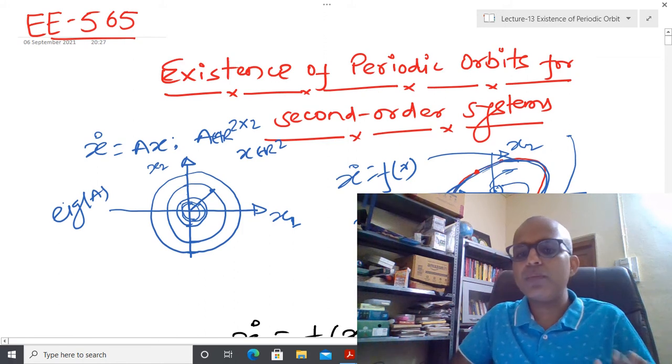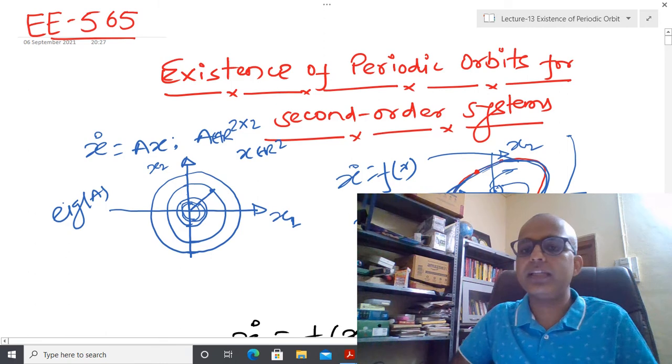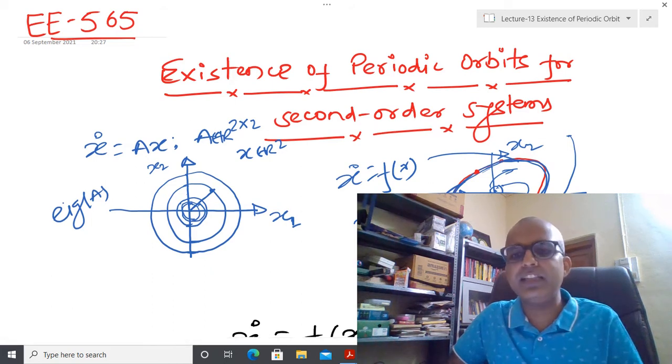One more important point: if I have an isolated, meaning periodic, orbit, then I can construct an oscillator, and oscillators have several different applications in the fields of chemical engineering, biological engineering, and a lot of places.